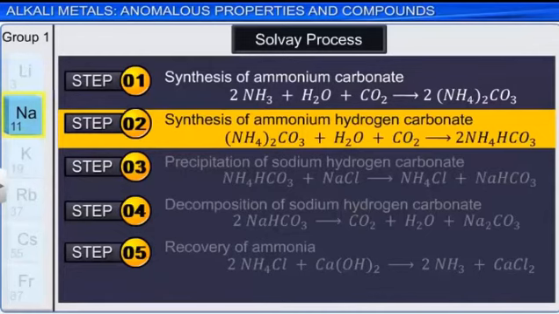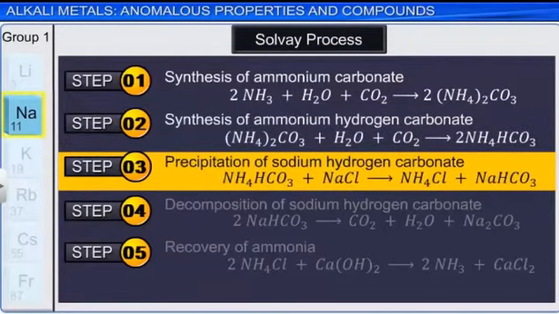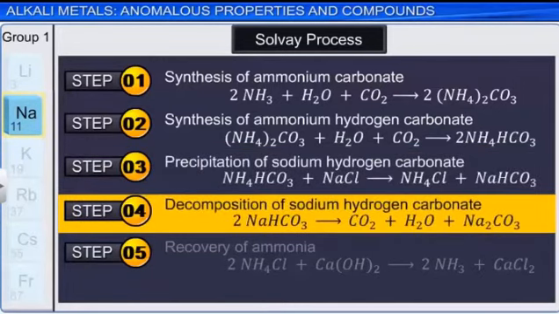Next, the ammonium hydrogen carbonate is combined with sodium chloride, and a sodium hydrogen carbonate precipitate is isolated. Upon heating, the sodium hydrogen carbonate decomposes to form water, carbon dioxide, and sodium carbonate.